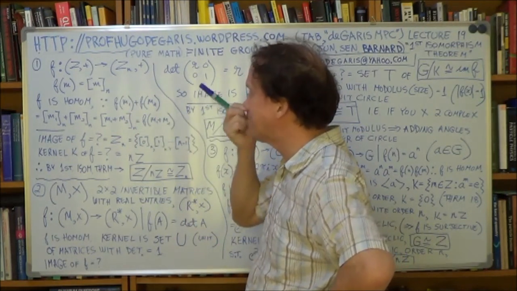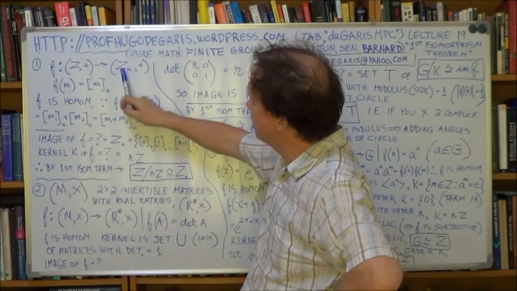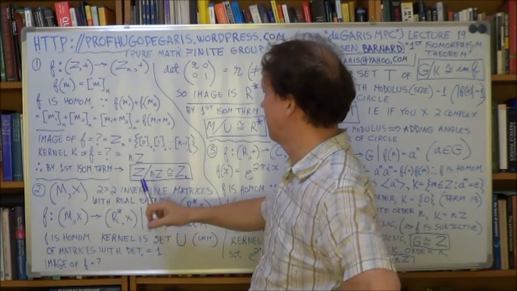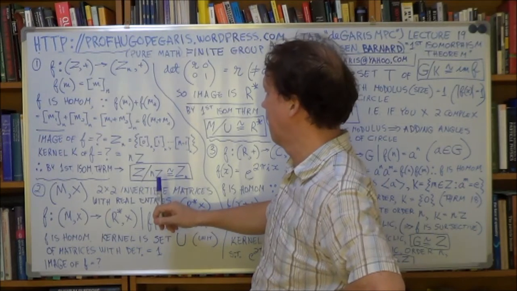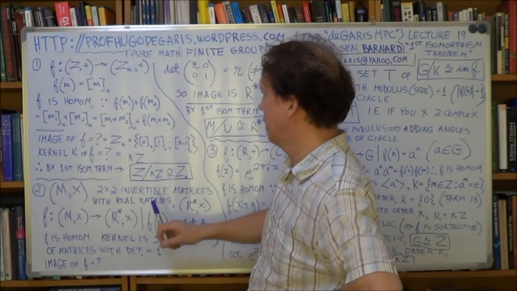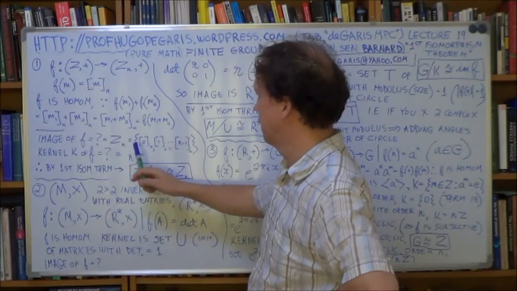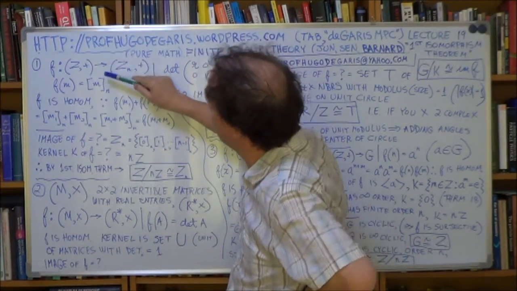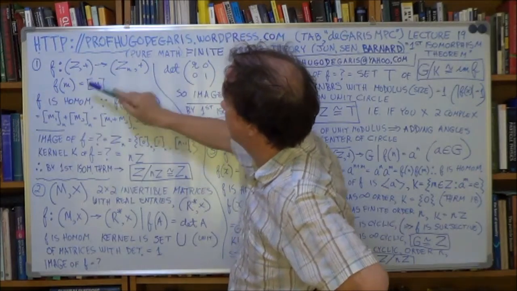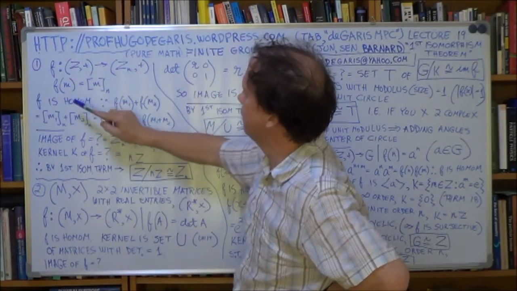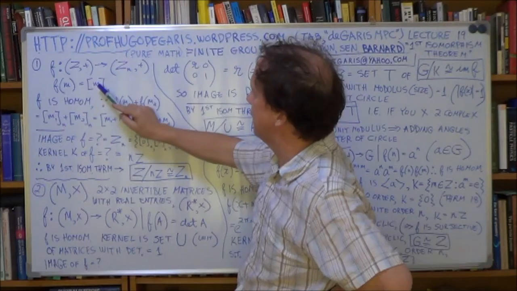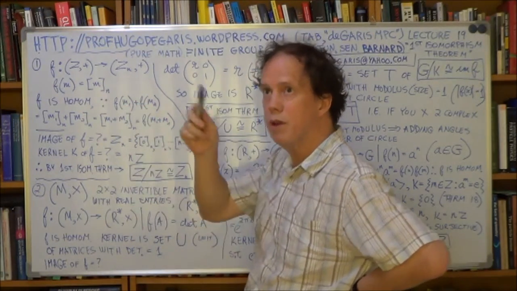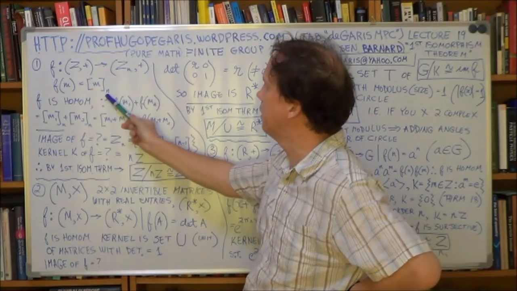So what are all the possible members? M here can take a value in the range 0 up to n minus 1.